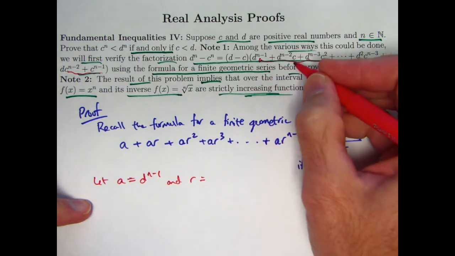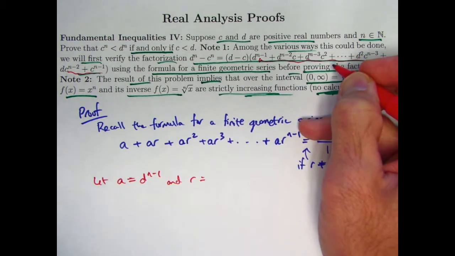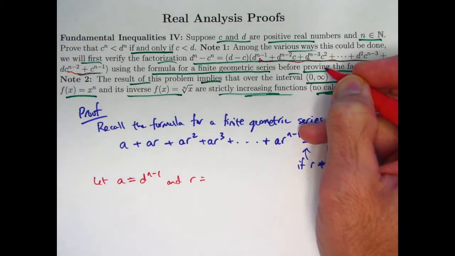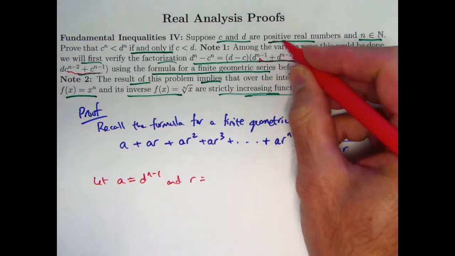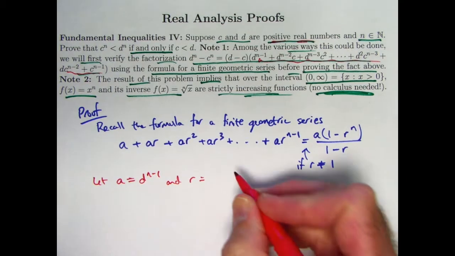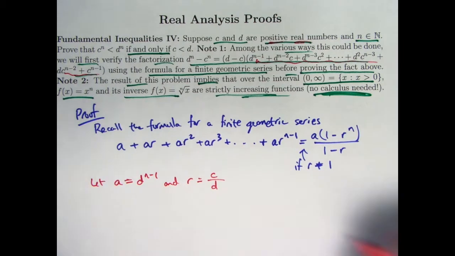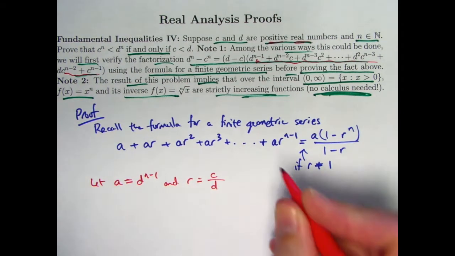What do I need to multiply each term by to get the next term? Well, certainly you need to multiply by a c. Think about it, you also need to multiply by 1 over d. I am assuming c and d are positive real numbers here, so I'm not dividing by 0 if I do that. Let r equal c over d. d is not 0.